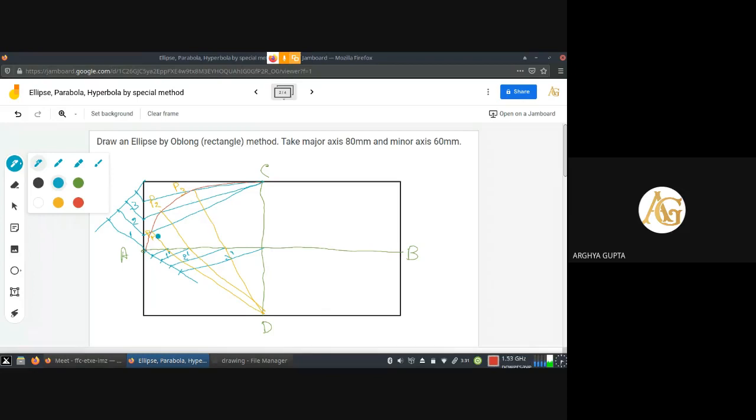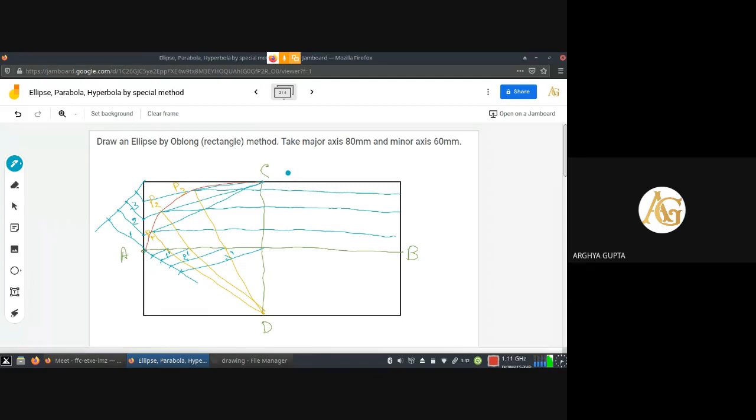How is that being done? From point P1, we have to draw a horizontal line. Point P2 also, you need to repeat the same process. Draw a horizontal line. And from point P3 also, we need to draw a horizontal line.